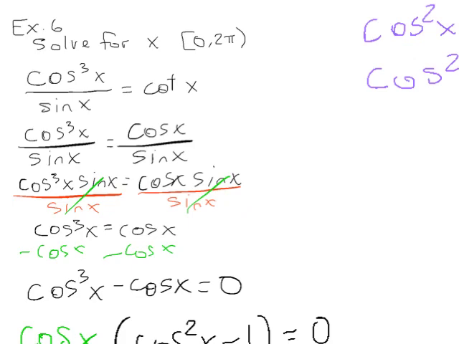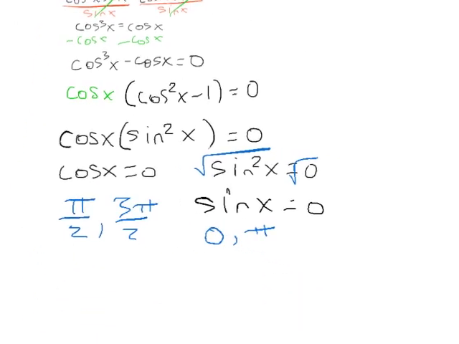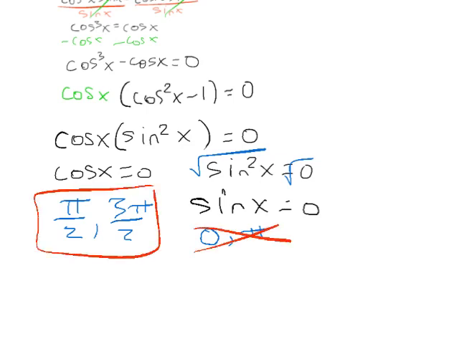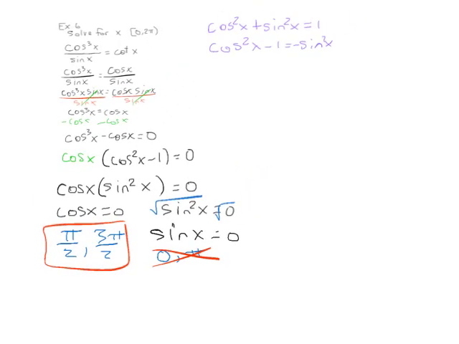So when we go back and look at our problem, we cannot allow these as part of our answer. So on this particular problem, the only answers that we can use are pi over 2 and 3 pi over 2. So pay close attention to your original function so that you understand where you can and cannot have zeros. Okay?